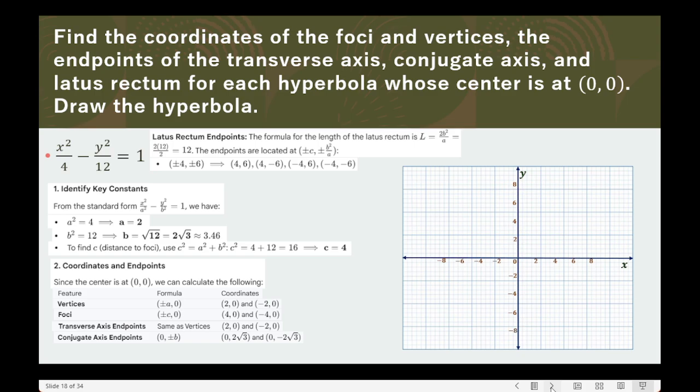We plot first the center, which is the point of origin, the green dot you see right now, that is 0, 0. Then plot the endpoints of the vertices. These are 2, 0 and negative 2, 0, followed by the foci.